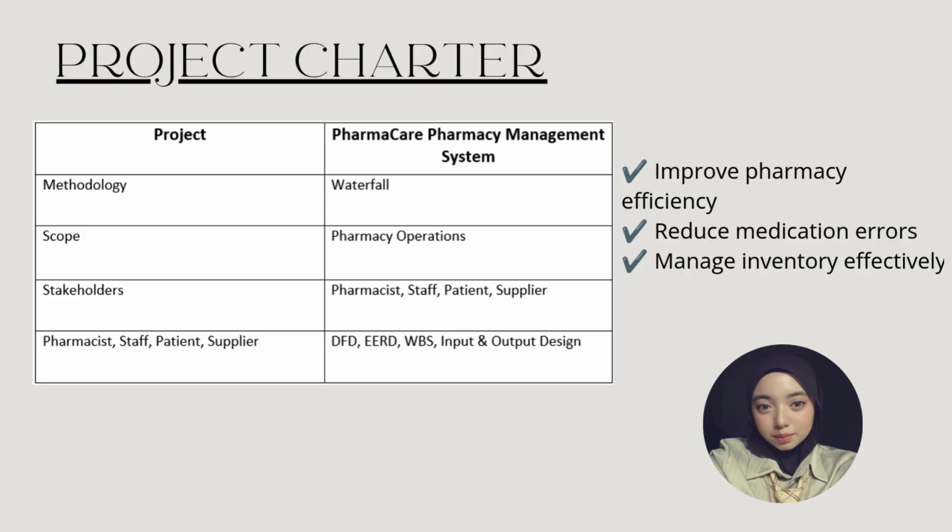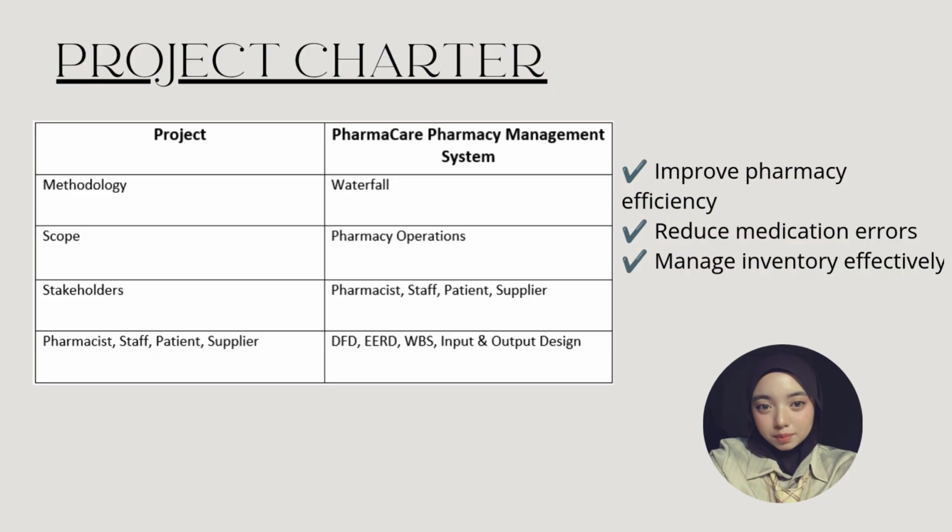The project scope includes several core functions such as prescription processing, inventory management, supplier management, medication report, and electronic patient record. The key stakeholders involved are the pharmacy manager, pharmacist, pharmacy staff, patient, and supplier, as each of them interacts with different parts of the system.